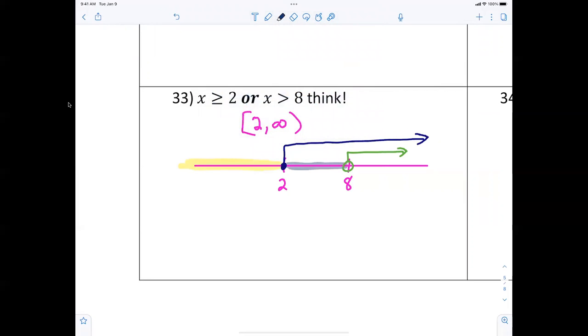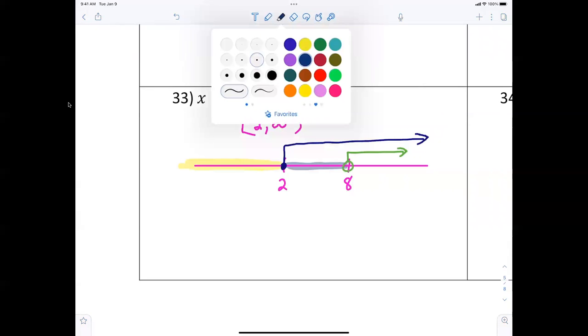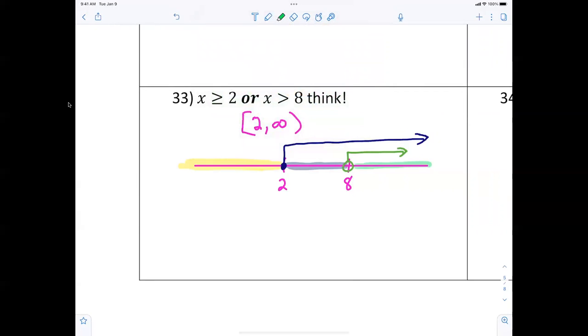No, that's nothing. Anything in the purple region? Yes, because it's in between. It's an or statement, so that works. The area in the green is true for how many of the regions?